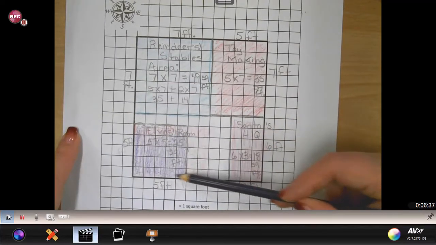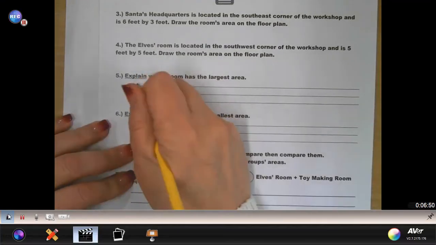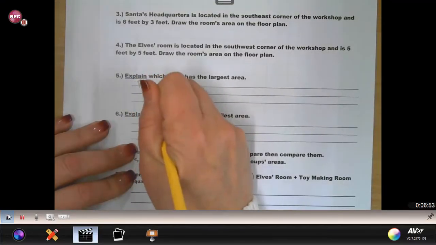Hopefully the elves like purple, right? Okay, so the elves room. And now they're asking us which is the largest room. So the largest room is, if you said the reindeer stables, right? The reindeer stables.